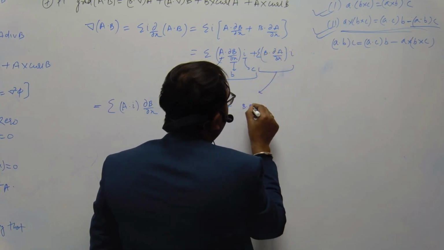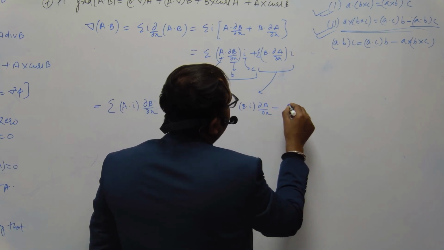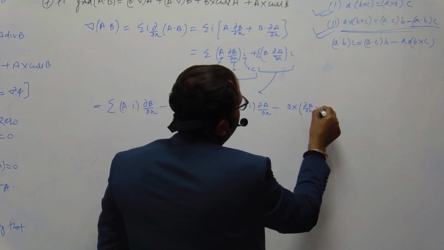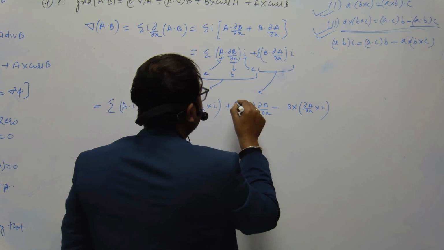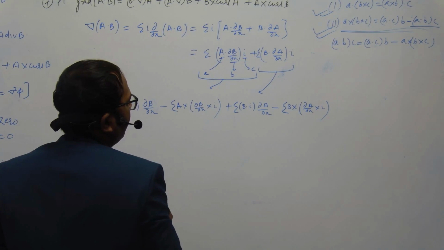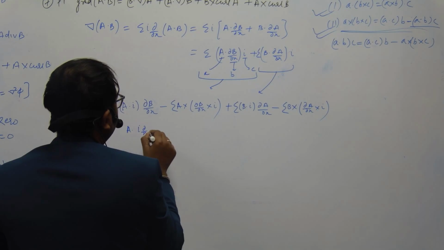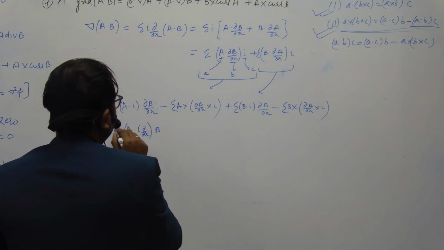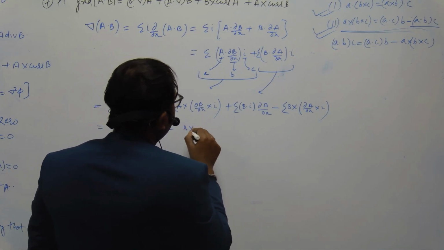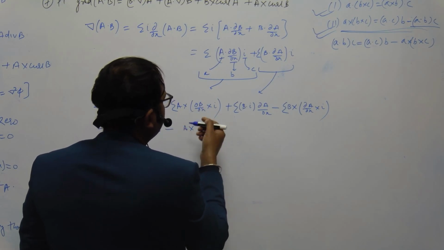So this is B dot I into del A upon del x minus B cross del A upon del x cross I. This is summation and this is equal to A dot I del upon del x into B, this is summation, minus, this we can write as plus, del B upon del x cross I. So this we can reverse.